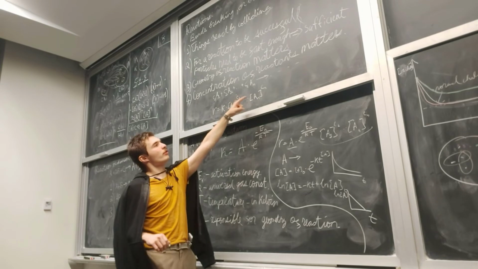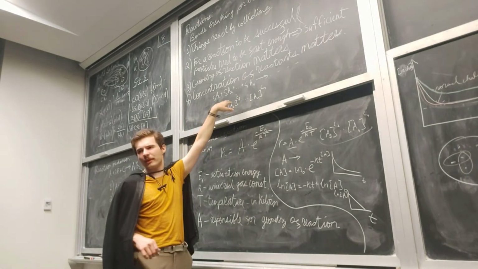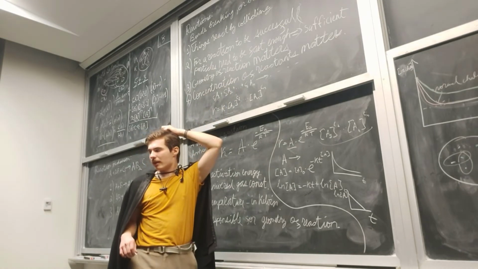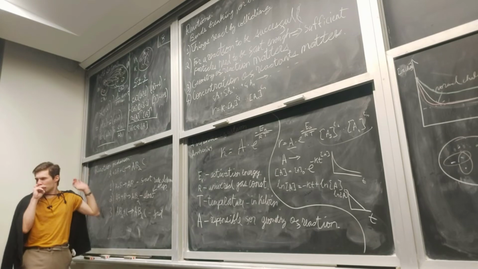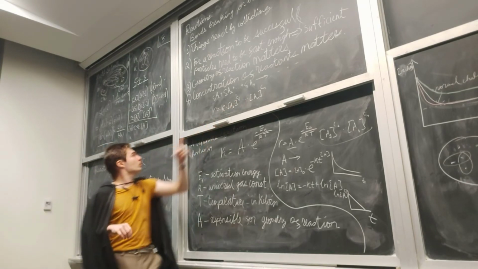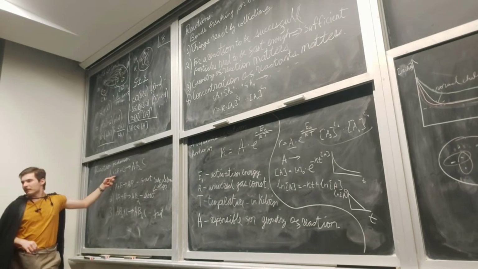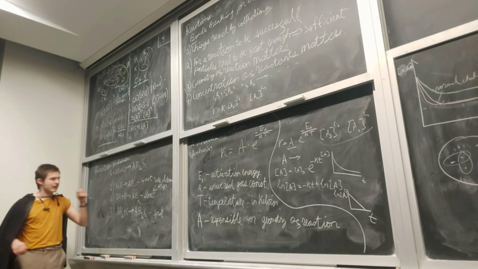It's still some constant times concentrations to some powers. And the concentrations are still the concentrations of A, B, or C, depending on which one is relevant. But these powers, you can no longer read them off from here. You need the mechanism, and you need to know which thing is the slowest and which things are fast.